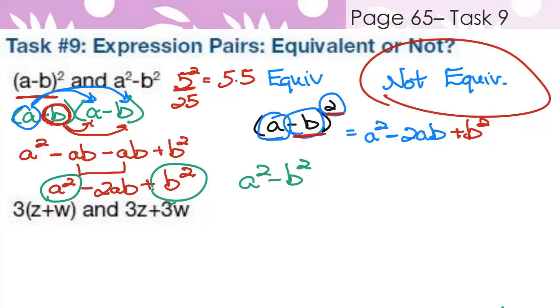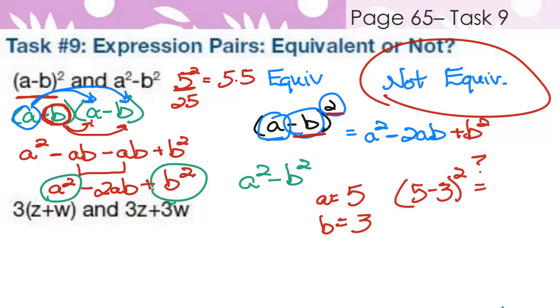And what else could I do to help figure this out? Substitute values in. Did anybody substitute values in? How do you do that? Well, you pick a value for A, let's say 5. You pick a value for B, and you say, is 5 minus 3, that quantity squared, the same as 5 squared minus 3 squared?